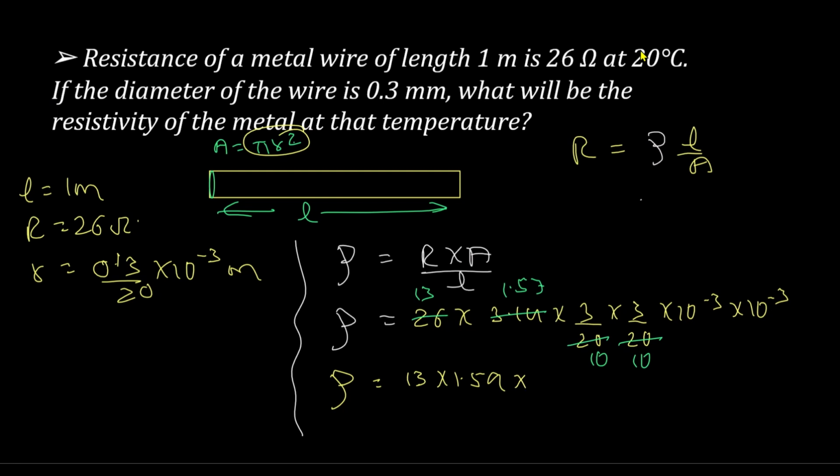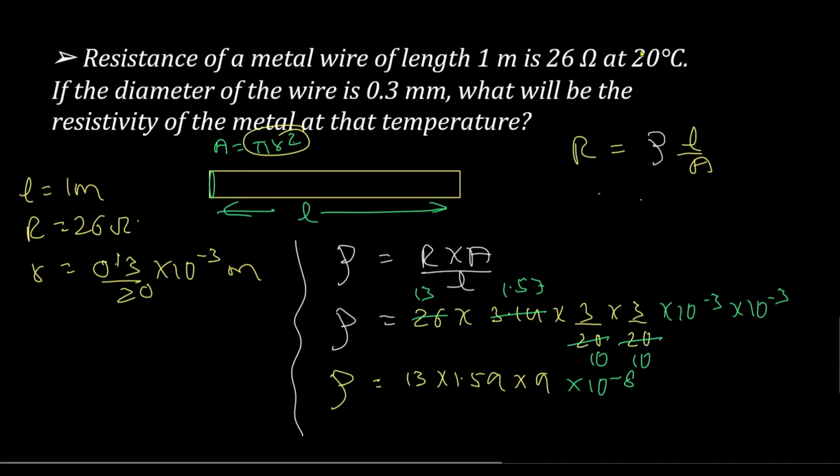Yeah, that's 9. And let's club these together. This is 10 raised to the power minus 6, and there is 2 more. So 10 raised to the power minus 8. Minus 8. Am I right? Yeah, I'm right.